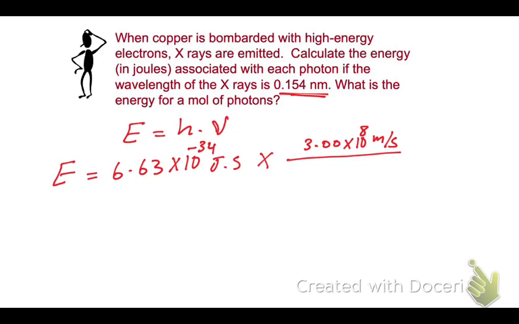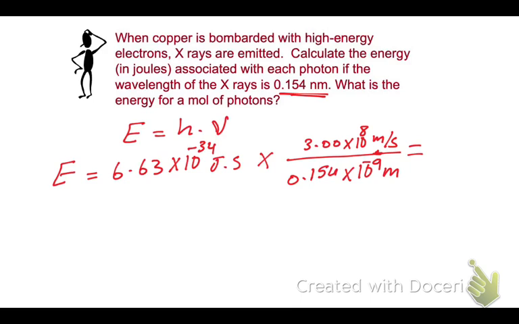And the wavelength is 0.154 nanometer. However, wavelength is given in nanometer, and this is in meter, guys. So I have to convert nanometer into meter, and I'm going to say times 10 to the negative 9 meter. And that is going to give me the energy.